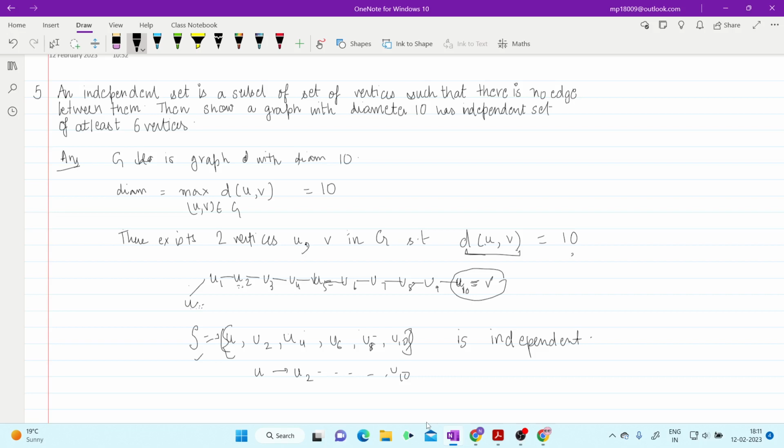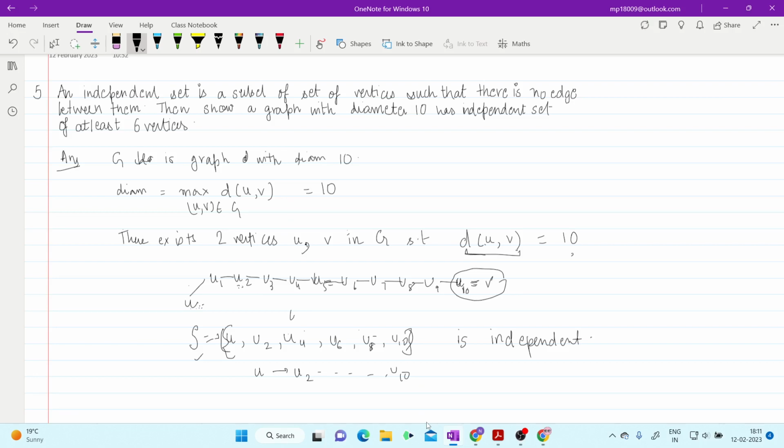So is this question clear to everybody? Yes, the question is clear, but why does it say at least 6 vertices? Why is it not exactly 6? Because this is just a part of the graph, right? This is a graph G, and this is just a part of it.